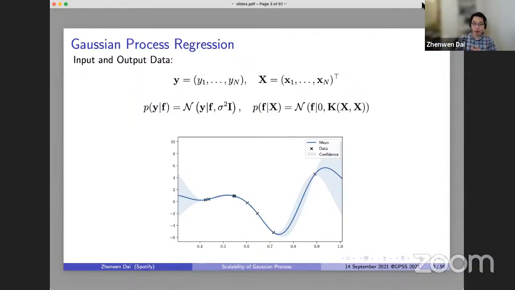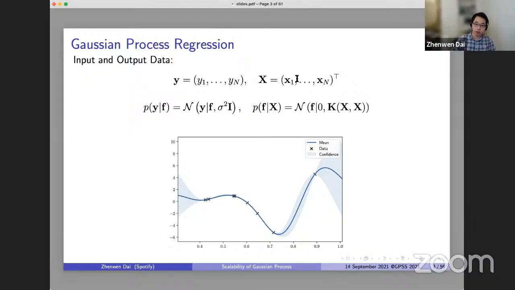We have a capital N of them, numbered from y1 to yN, and we group them as a vector, denoted by the vector notation y. As input, we also have the corresponding input locations for each of the N data points. Commonly, the input is a vector, but in this particular case, as you see in the figures, they are scalars for better visualization.